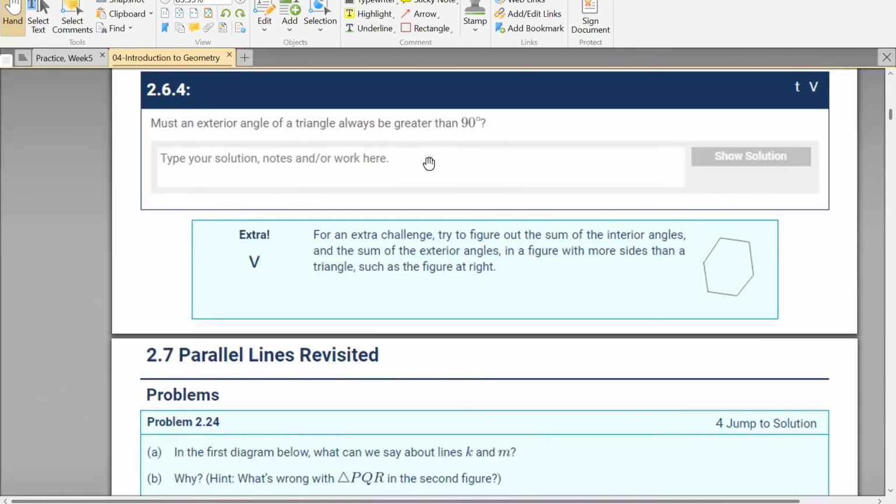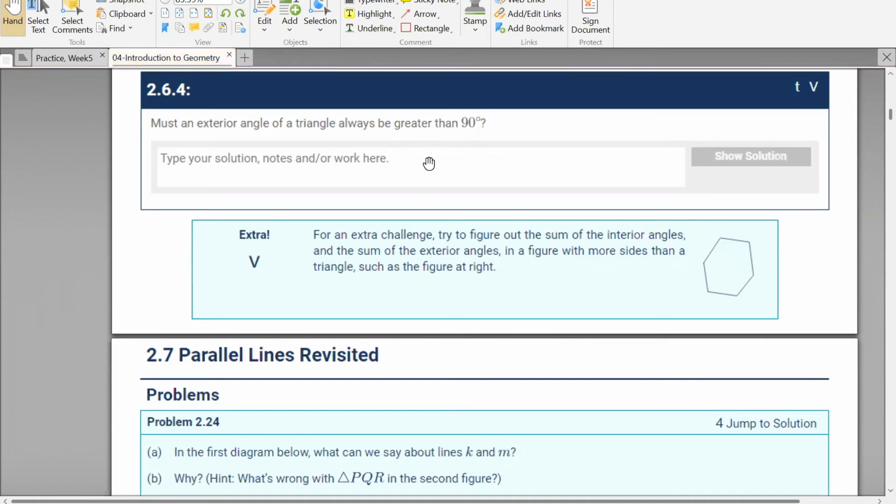Here, 264 says, must an exterior angle of a triangle always be greater than 90 or not? Think about it. Is it the case that an exterior angle of a triangle has to be greater than 90, or not necessarily?